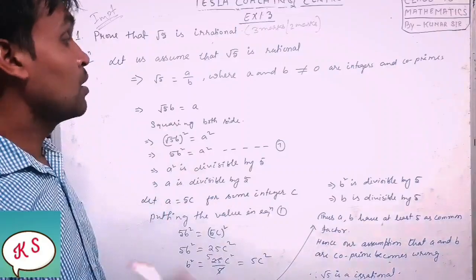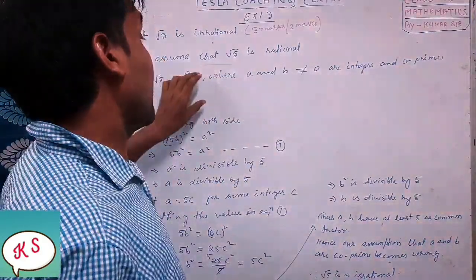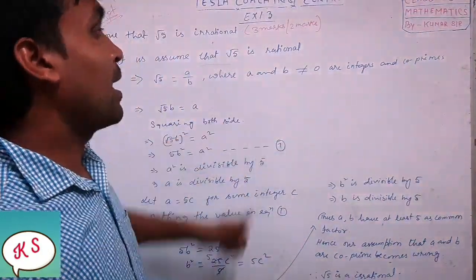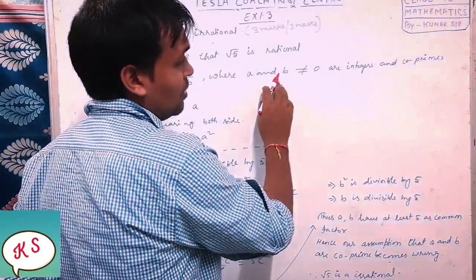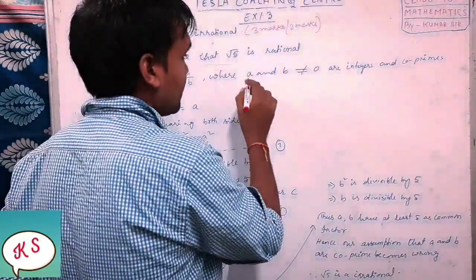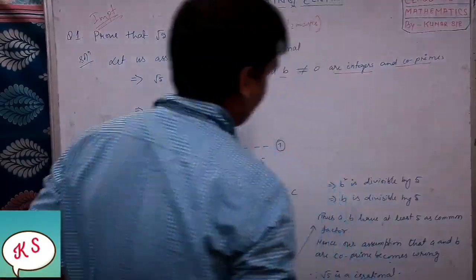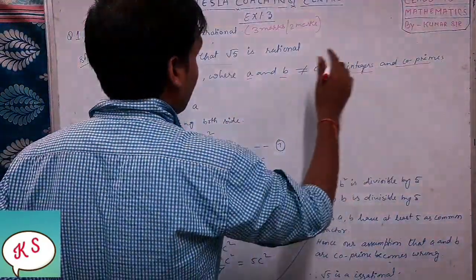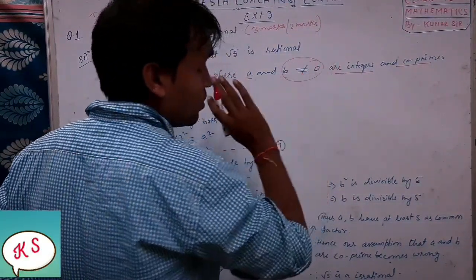Where a and b are integers, and a and b are co-primes, and b cannot be equal to 0.